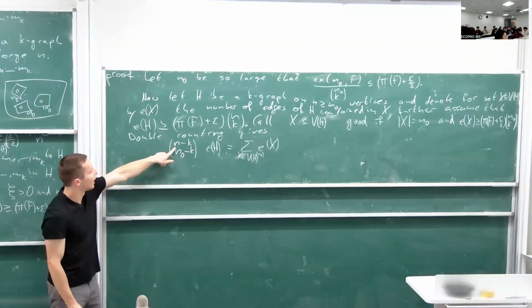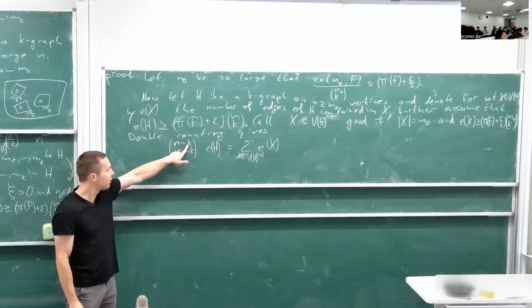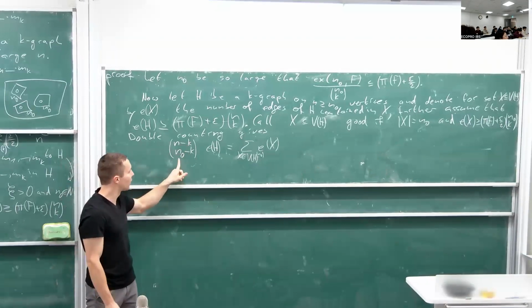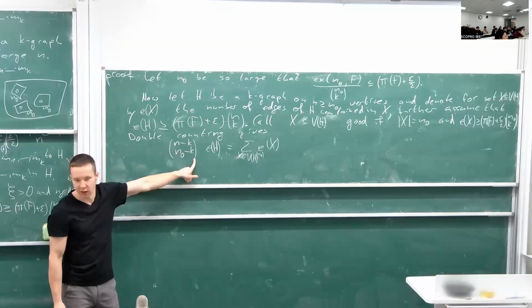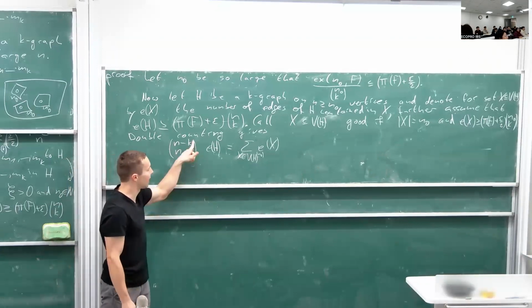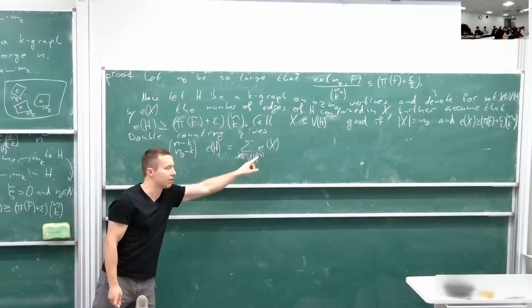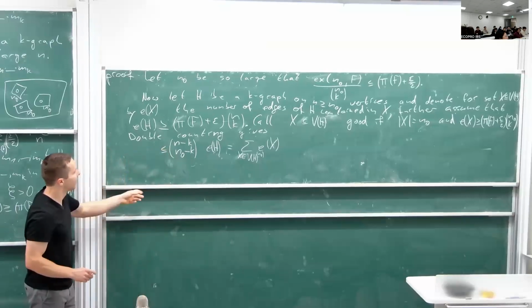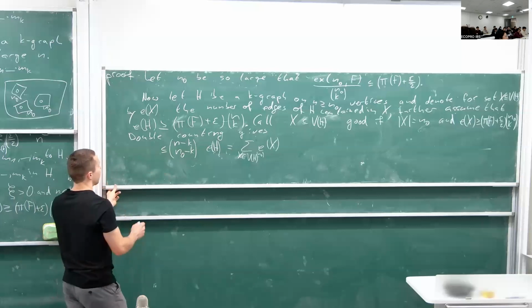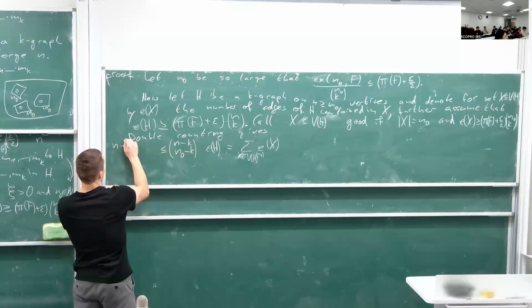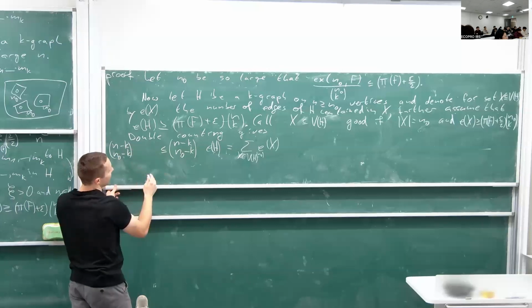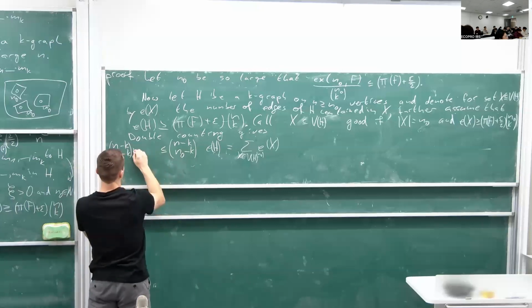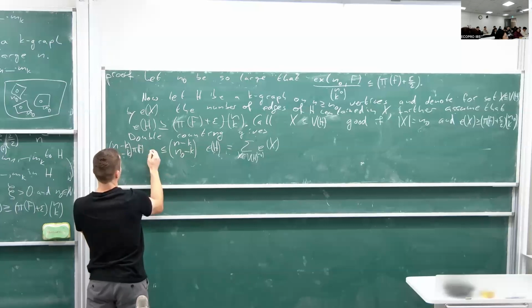We have still n minus k vertices left, and we still want to choose n0 minus k vertices. Okay, so this is the number of times that each edge of H gets counted in this sum. Then by our bound on the number of edges of H, we get that this is n minus k choose n0 minus k times this pi of F plus epsilon.